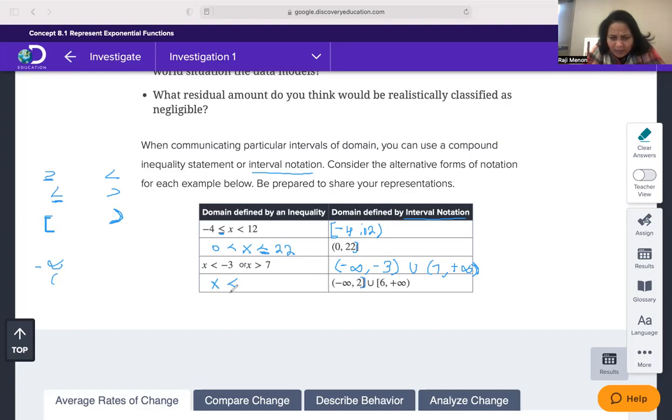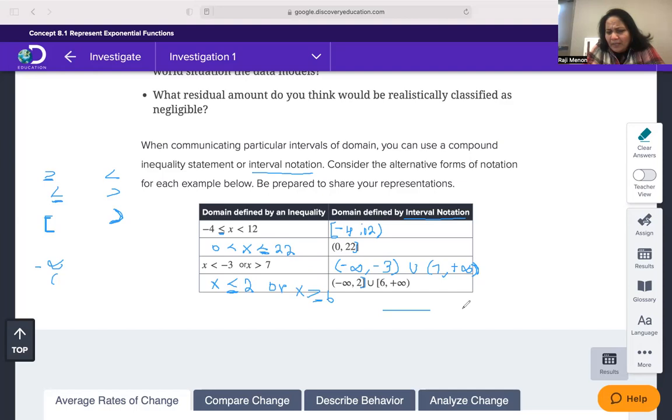So I'm going to put less than or equal to 2, because the 2 I got from here. Then I had to write or x is greater than or equal to 6. I got that from here.